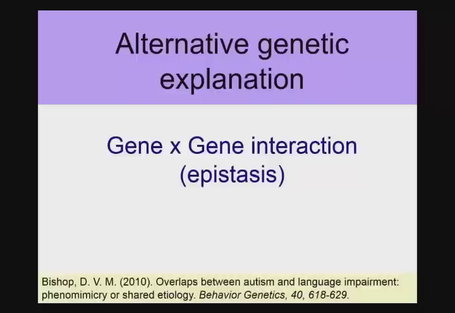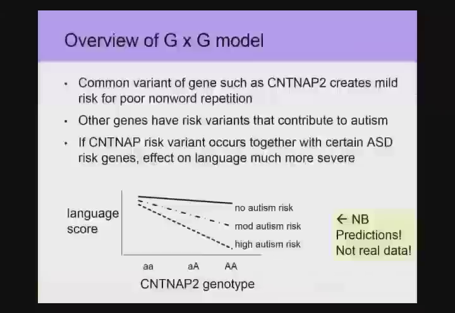The only way I could get this model, a simulated set of data, to produce anything that looked like what we actually see in real life was by assuming that there were interactions between genes. This is basically what the model is saying: you could have either one or two copies of this risk version of this gene, and the effect it has if you don't have any autism risk genes is very minor, as I've been saying.